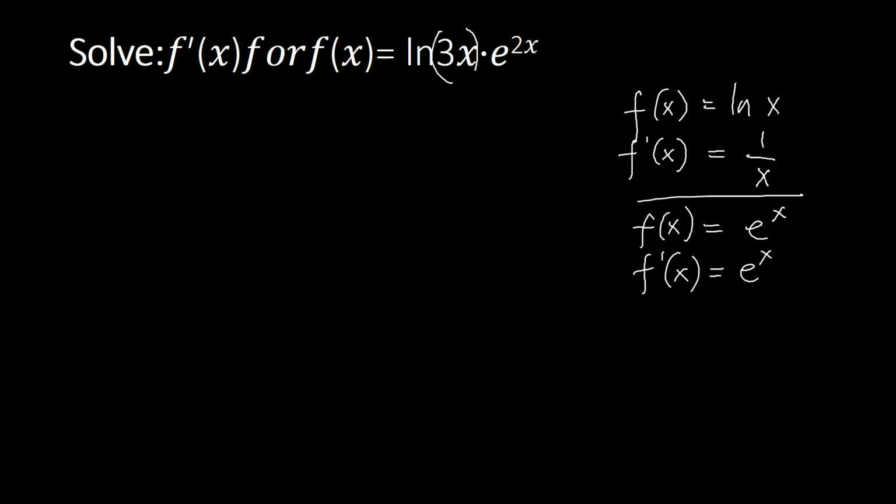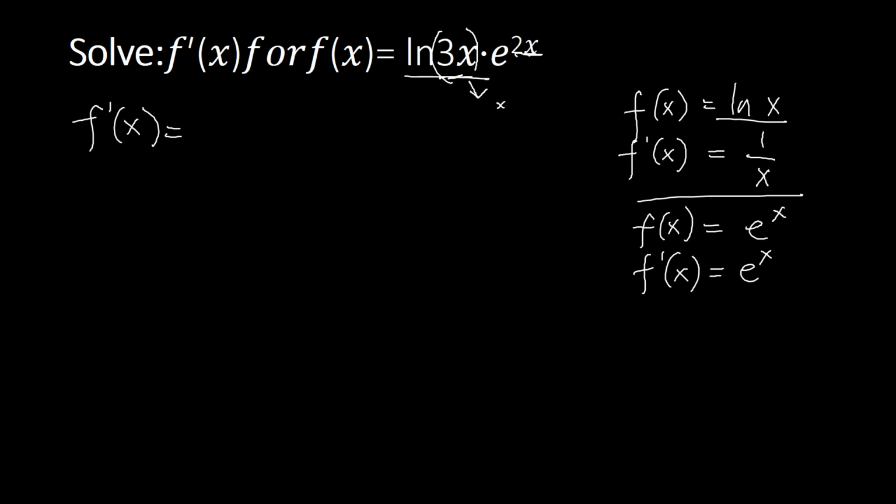So we follow the format, and we've noticed that this one here is another function. So that means we are applying the chain rule as well. So starting off with f prime of x, this is an ln function, so we follow this one. We have this entire thing considered to be our x.